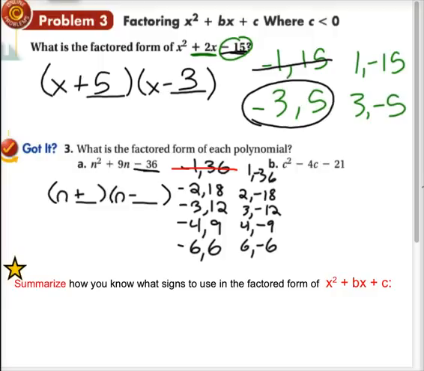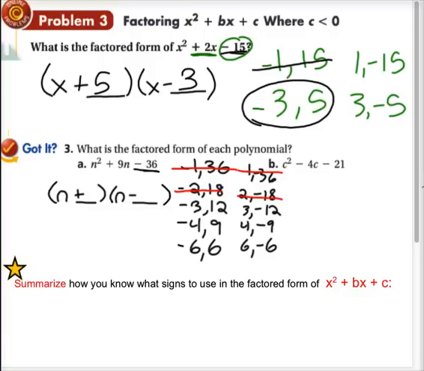Now, if you notice on the other side, 1 and negative 36 gives us just the opposite, negative 35. So once you cross off one, all you need to know is, are you looking for the opposite or not? And if it's not the opposite of what you're looking for, you can end up crossing off both on the list. So again, negative 2 and 18 adds to 16. Well, the other side would just give us negative 16.